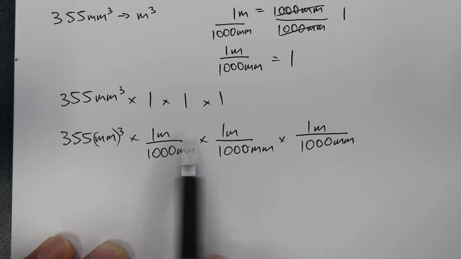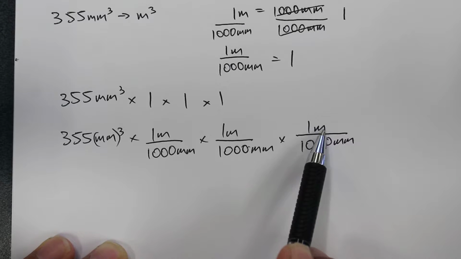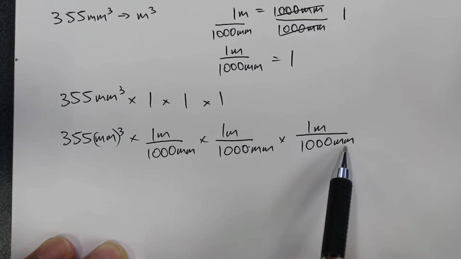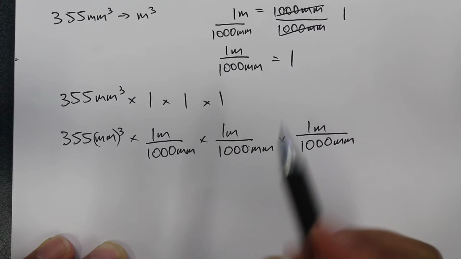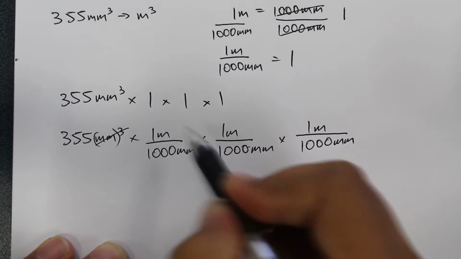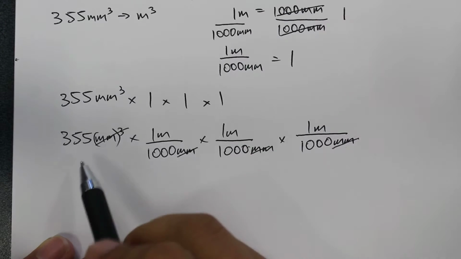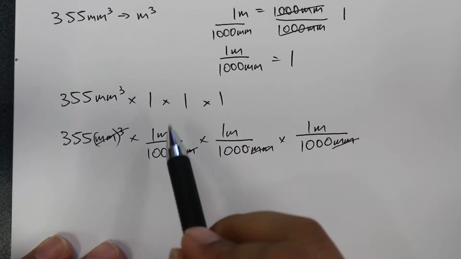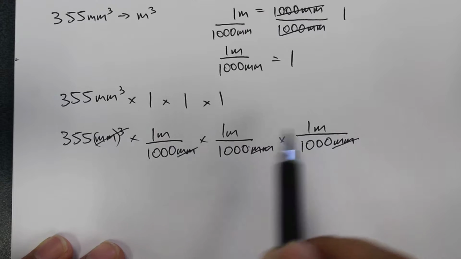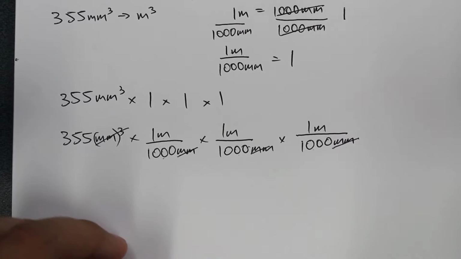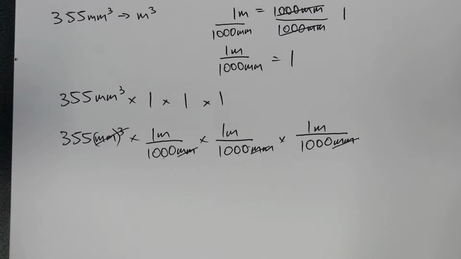So here, a meter times a meter times a meter, we get a meter cubed, and here we get millimeters times millimeters times millimeters, we get a millimeter cubed. So this millimeter unit will cancel with each one of these 3, and we get left with 355 times 1 times 1 times 1 divided by 1,000 divided by 1,000 divided by 1,000. So we can place this into our calculator.